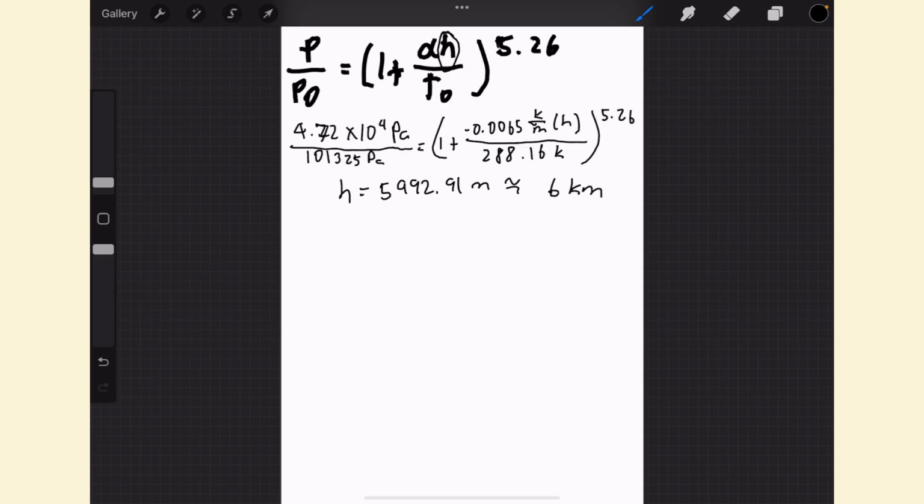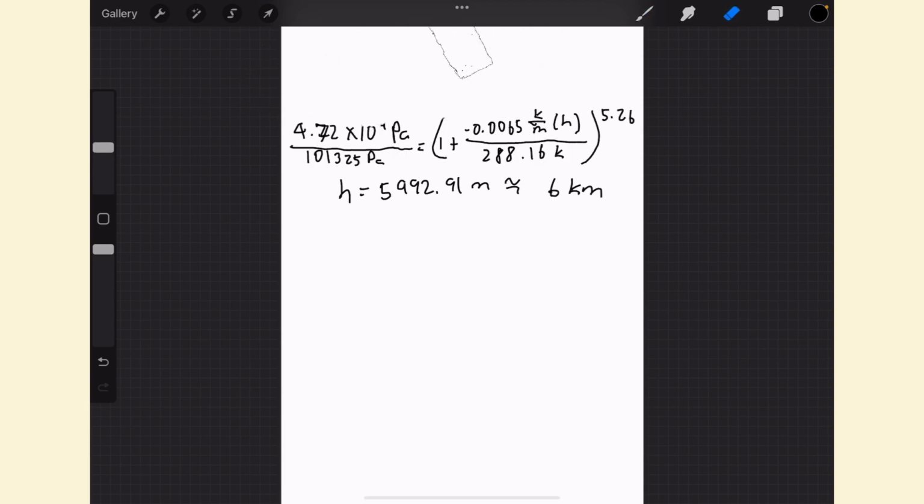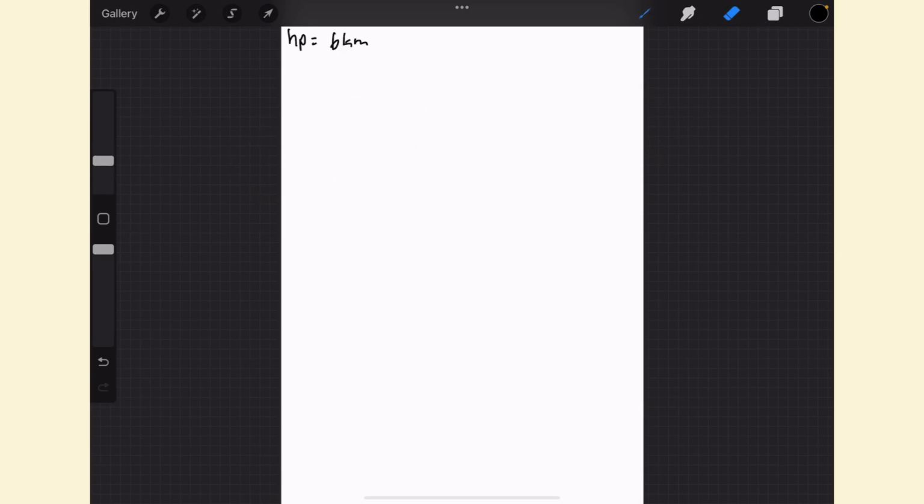Okay? For temperature altitude naman, sulat lang natin dito sa taas na ang ating pressure altitude ay 6 km. Okay? So, hanapin naman natin yung ating temperature altitude.